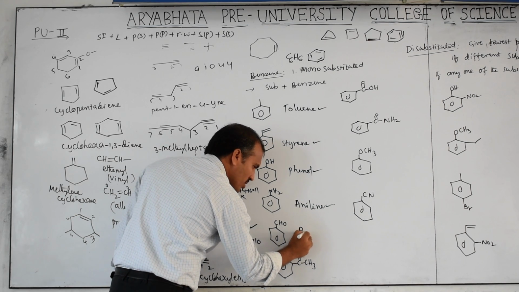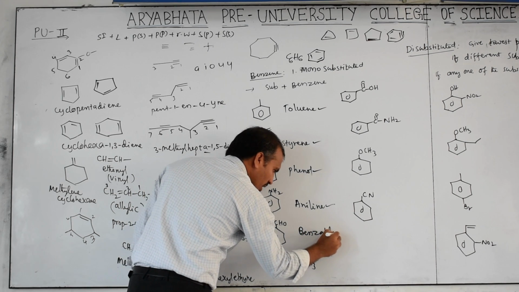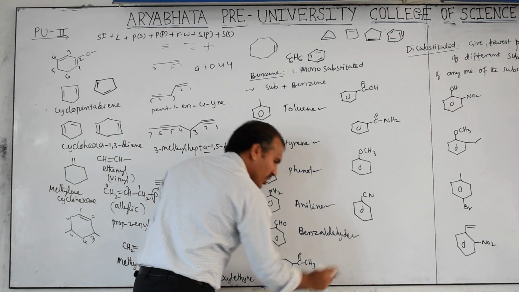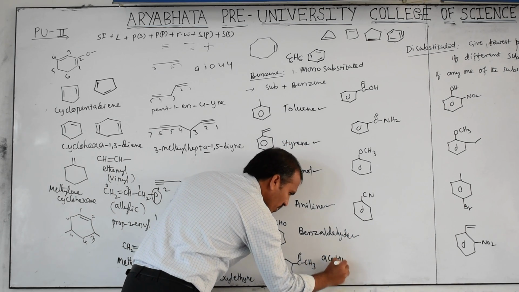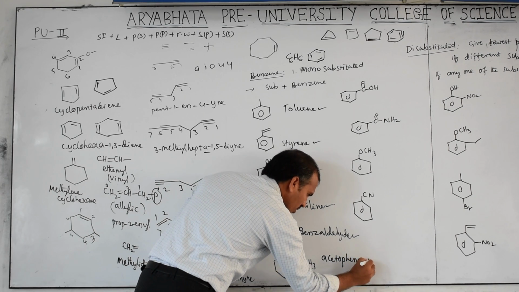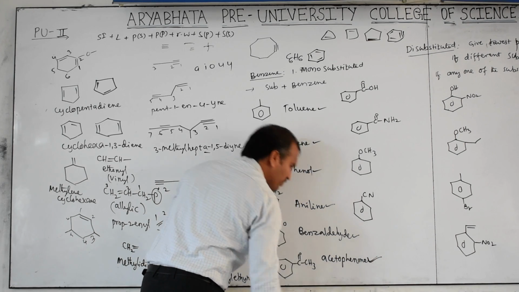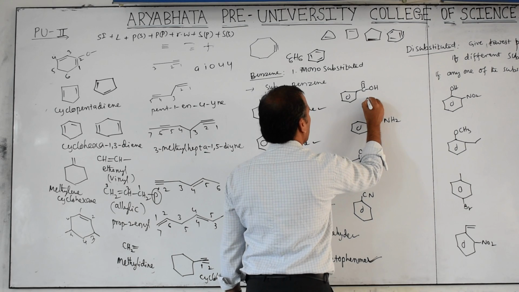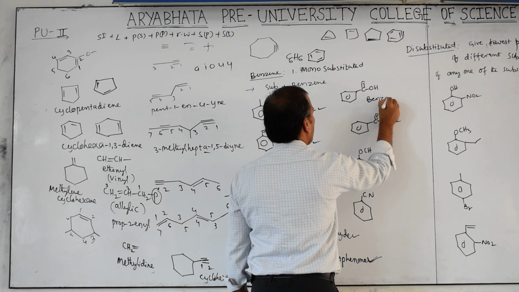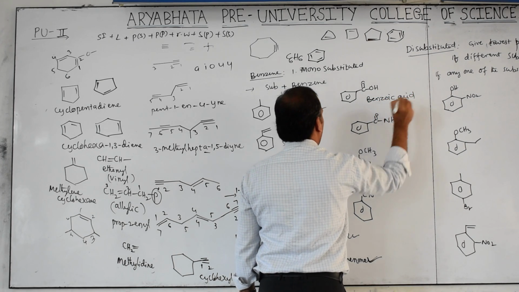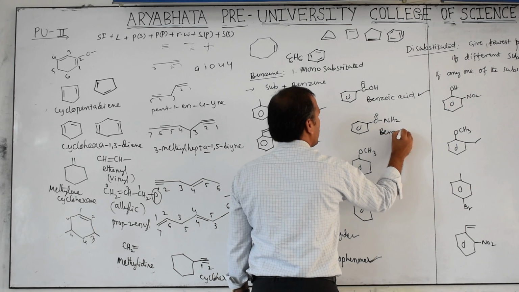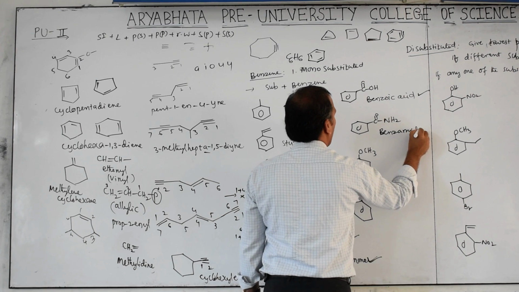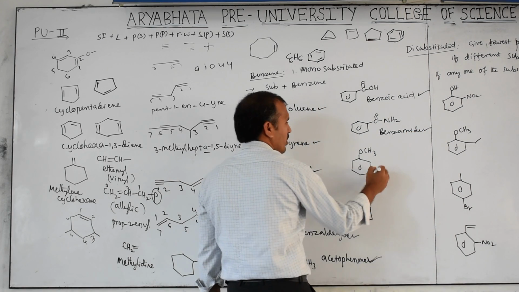This is benzaldehyde. Very important for polysubstituted and disubstituted. This is acetophenone, also IUPAC accepted. This is benzoic acid. I am writing common names, they are IUPAC accepted. This is benzamide, IUPAC accepted.